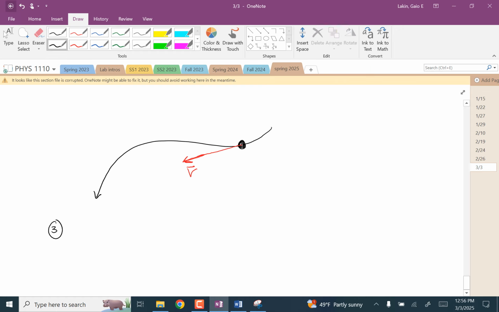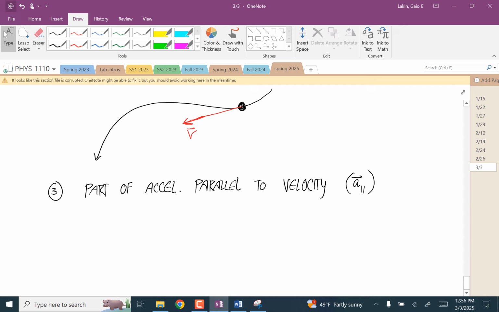So for step 3, you're going to draw the part of the acceleration that's parallel to the velocity. This is the one we're going to call A parallel, and it works just like the acceleration in 1D.